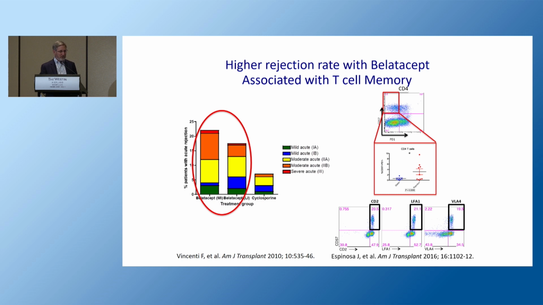Most of this early rejection has been associated with various forms of memory or matured T cells. As Dr. Ford pointed out, T cells are not a homogeneous thing, but there's multiple different flavors, all of which have different dependencies on this pathway.